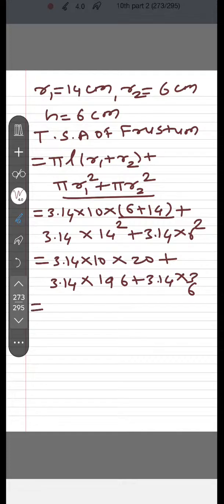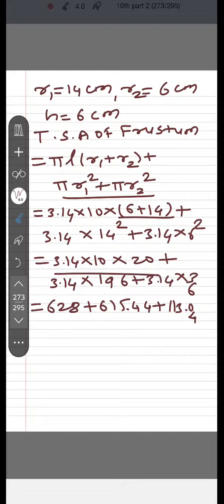So which is equal to 628 plus 615.44 plus 113.04. How did I do that? Simply by doing the multiplication of this, this and this, that's it.